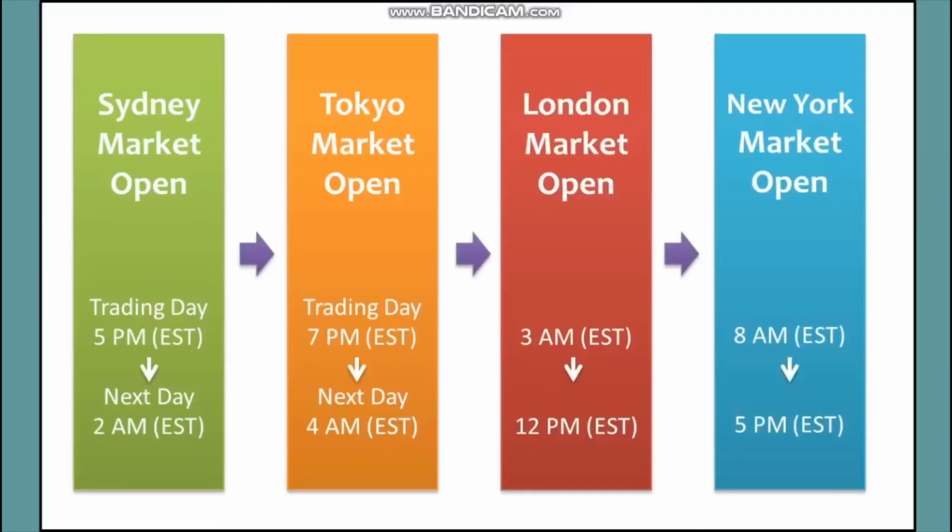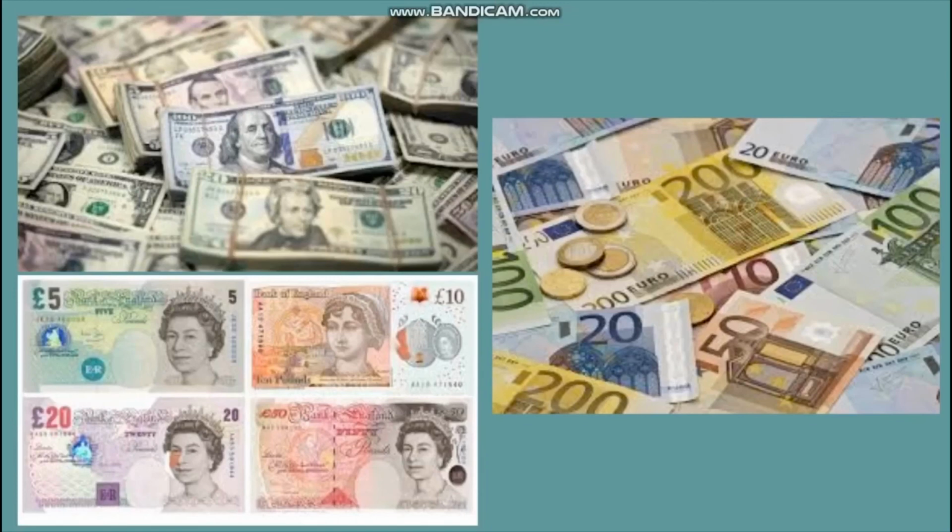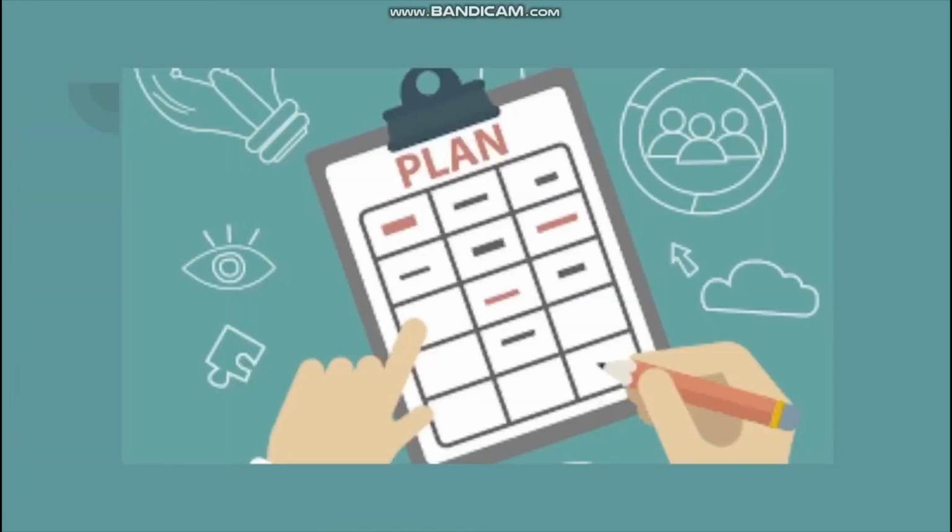Next is what pairs you are going to try and master. Are you going to do the Great British Pound to the US dollar, or maybe the Euro to the US dollar, etc.? The sixth is time. You have to plan when you are going to trade. For example, trading during the time the market opens is very risky because that is a very unpredictable time.